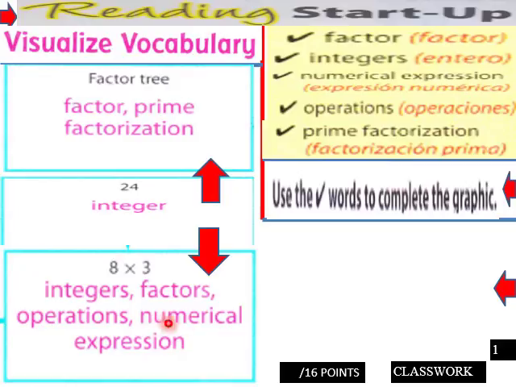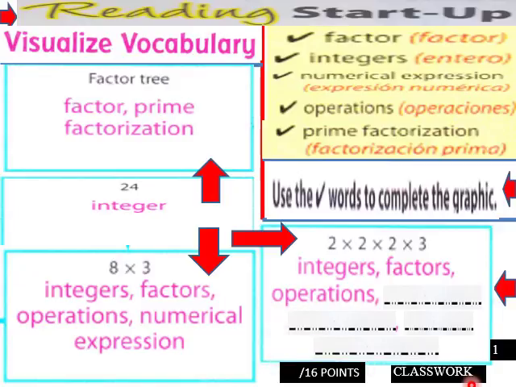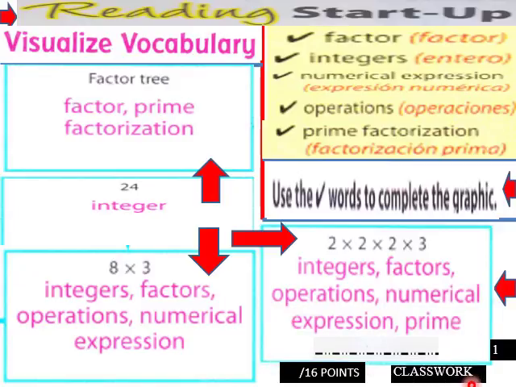Numerical expression, using numbers instead of variables. All of these numbers here are prime, so it could very well be the prime factorization of what number? 2 times 2 times 2 times 3 is what?